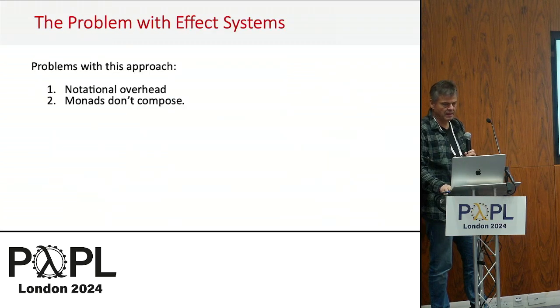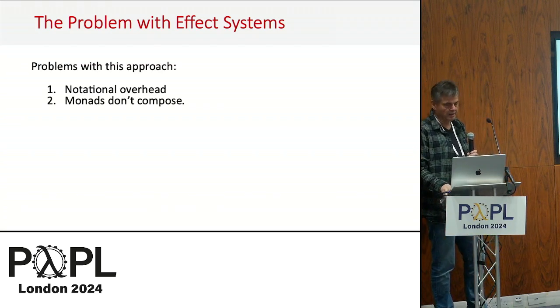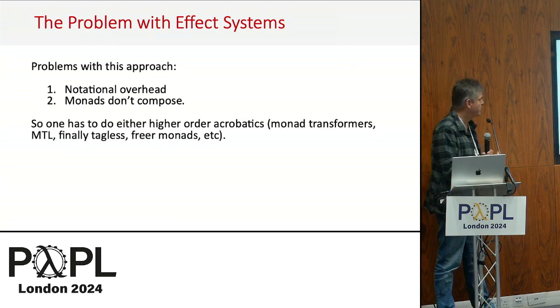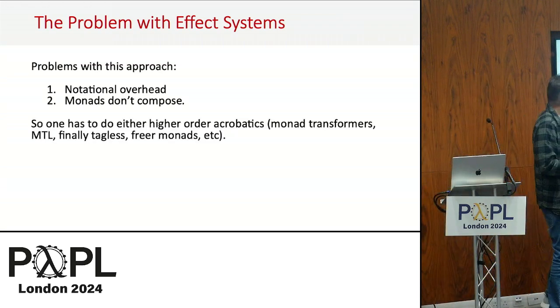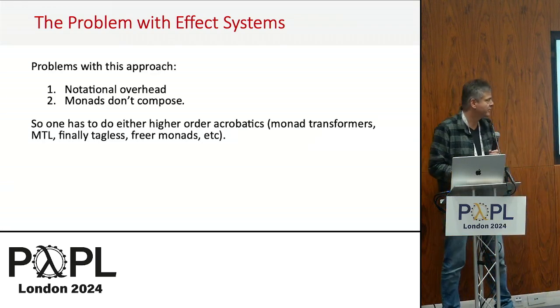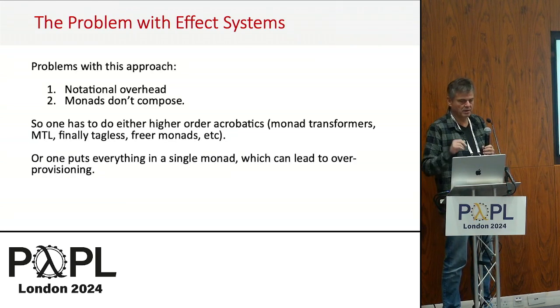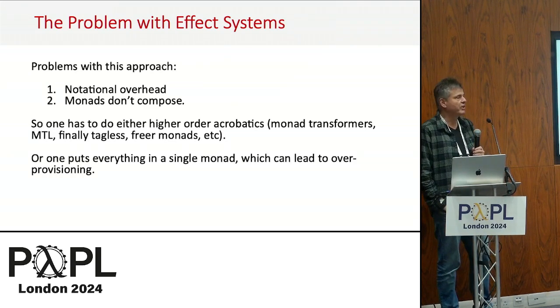The problem with that is that compared to direct style programs that just use the effects, there's a fairly high notational overhead, in particular because monads don't really compose very well. So one typically has to do either higher order acrobatics, such as monad transformers, MTL, finally tagless, and all the Freer monads and all the other inventions, or the other solution is one puts everything in a single monad, which can lead to over-provisioning.